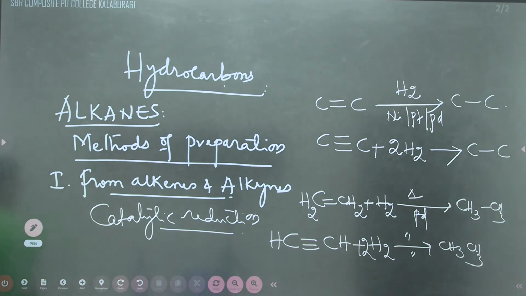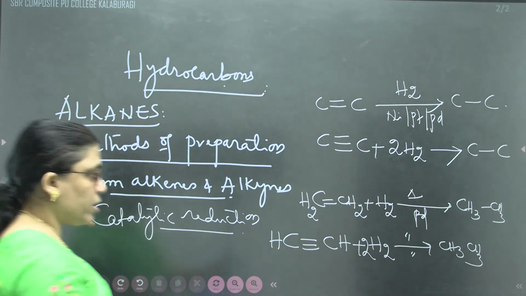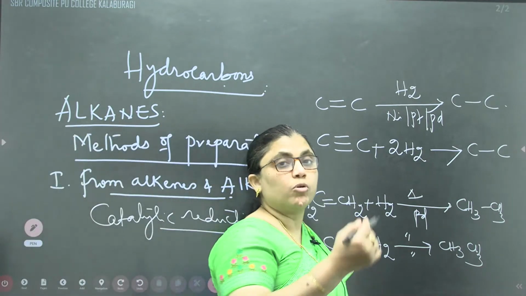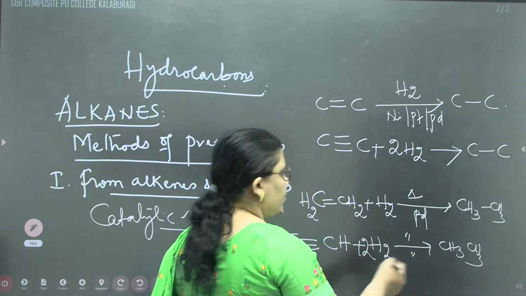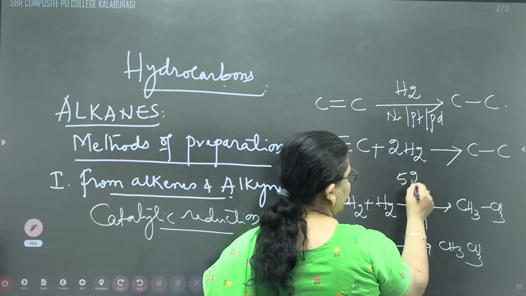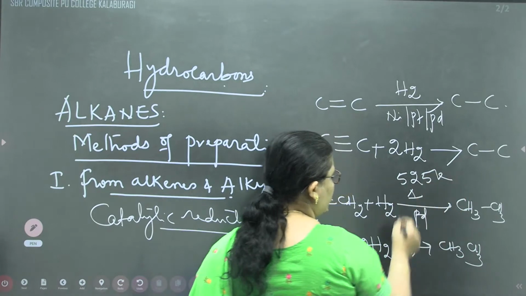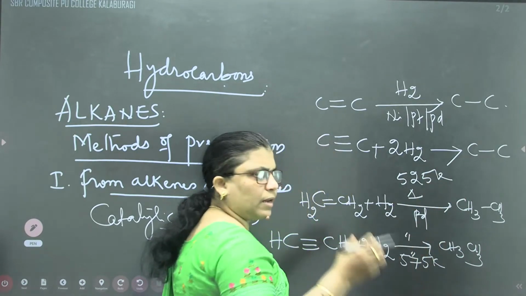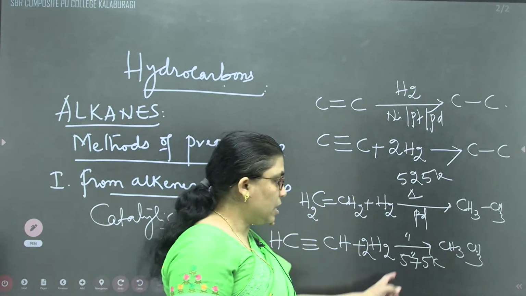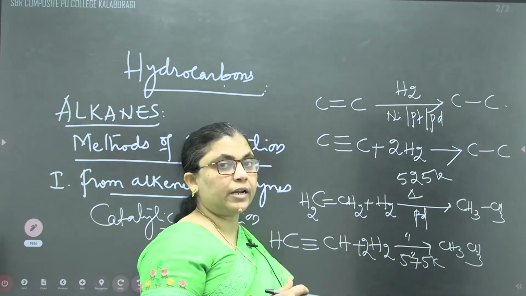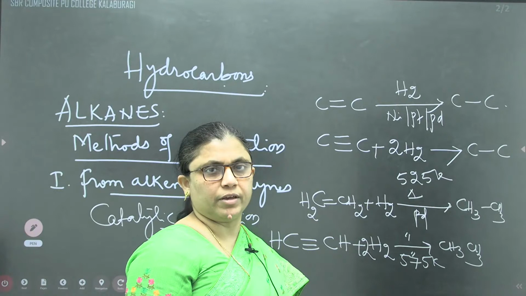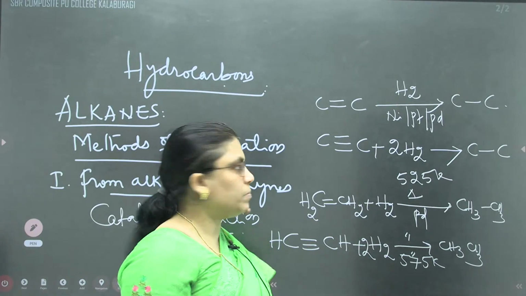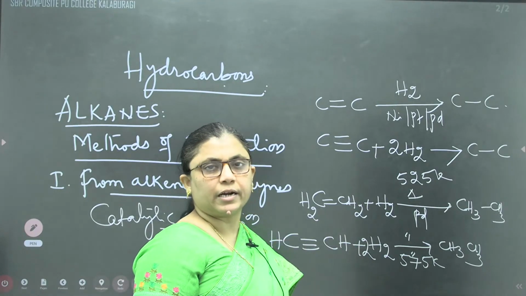In presence of what, children? Catalyst. We maintain the temperature more than 500 Kelvin, around 525 or 575 Kelvin. The temperature is not a condition where we should write the exact value, but approximately we can write more than 500 Kelvin, because all these are catalytic reduction.